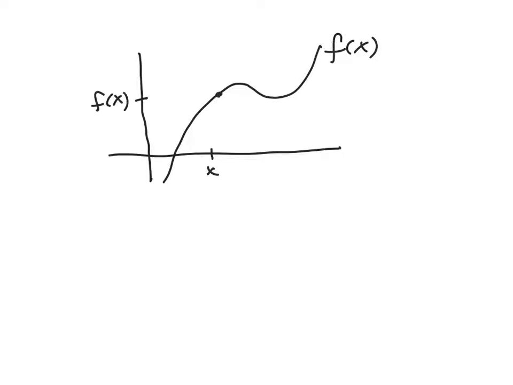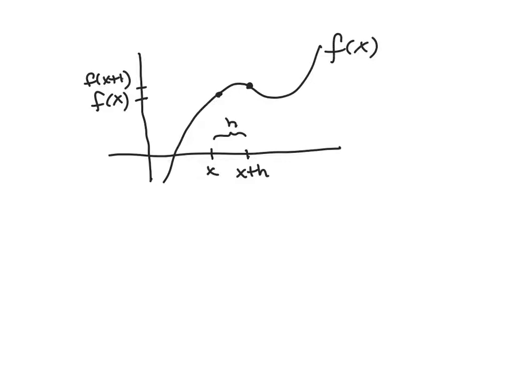So that point has an x value and a y value, correct? Now let's scoot over a little bit from that point. We're going to scoot over h units. That gives me a new x value, which was the x where we started, plus h more. That has a point all of its own on our curve, and that point has its own y value.